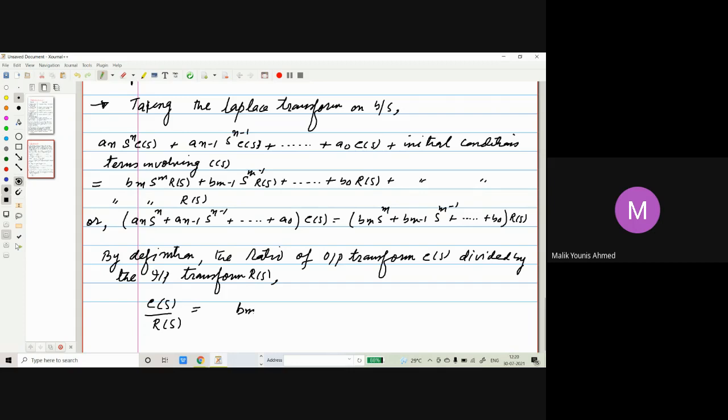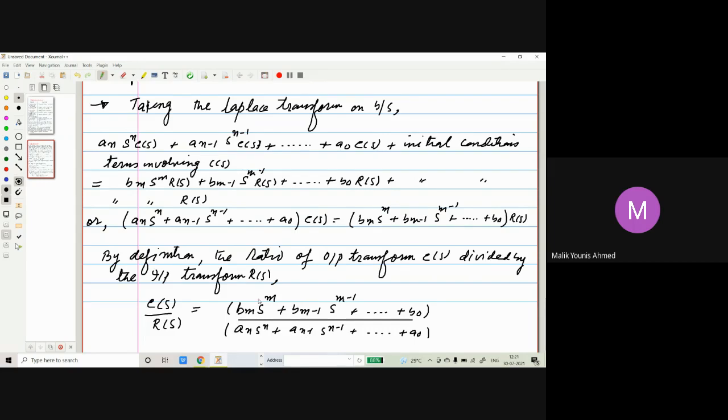So that will be Bm S raised power m plus Bm minus 1 S raised power m minus 1 plus so on and so forth B naught in the numerator, divided by the denominator, that will be an s raised power n plus an minus 1 s raised power n minus 1 plus so on and so forth a naught, bracket closed.